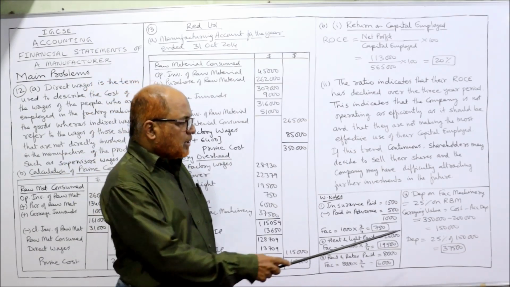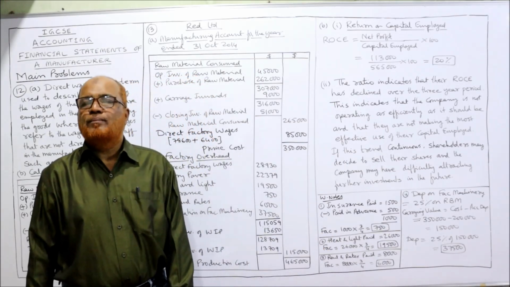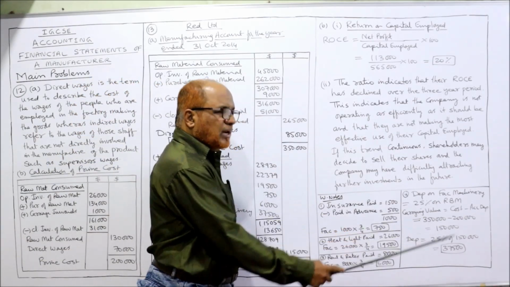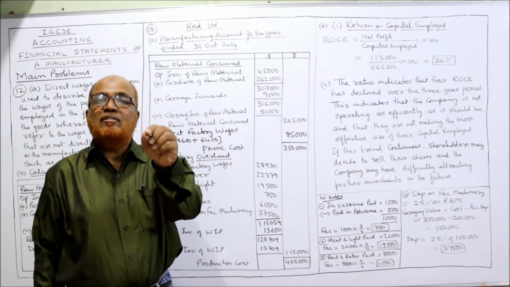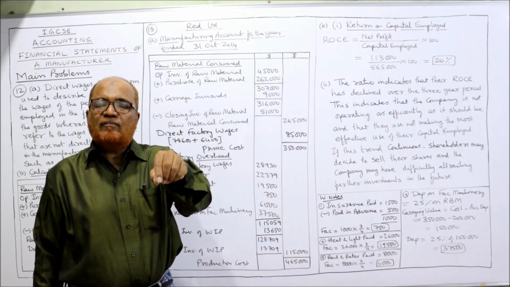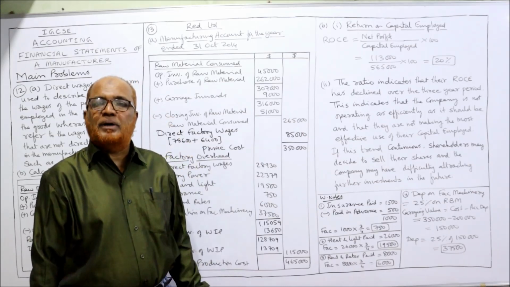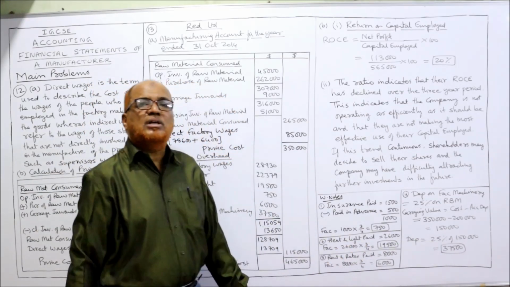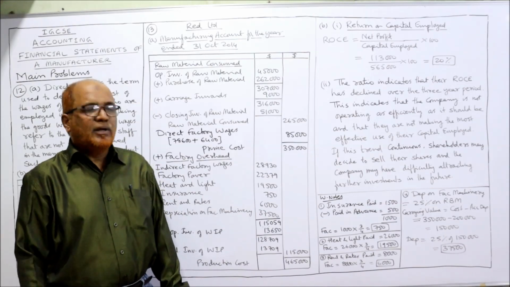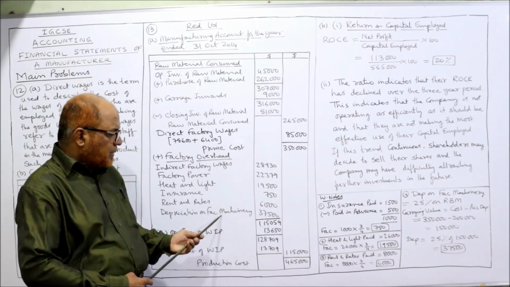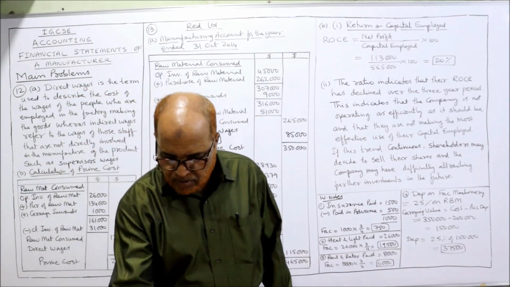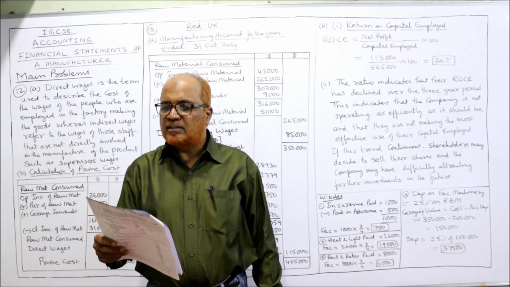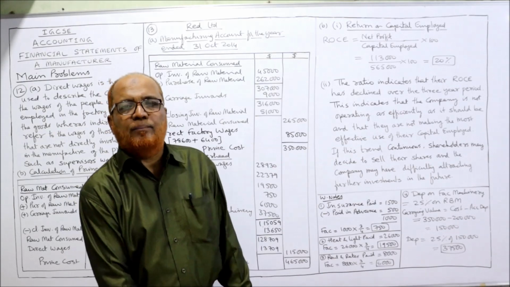The cost of machinery is 3,50,000. Accumulated depreciation 2 lakhs. So subtract 2 lakh, 1,50,000 is the carrying value. On that 1,50,000, 25% comes to 37,500. So this 37,500 is the depreciation of machinery. Now next page, prepare the machinery account for the year ended 31st October 2014.